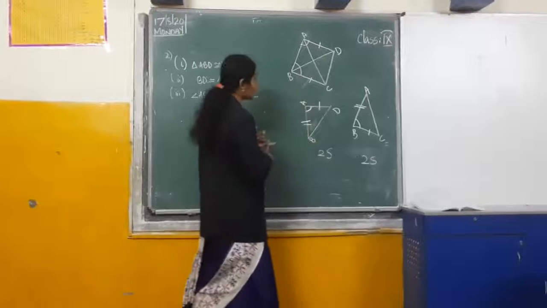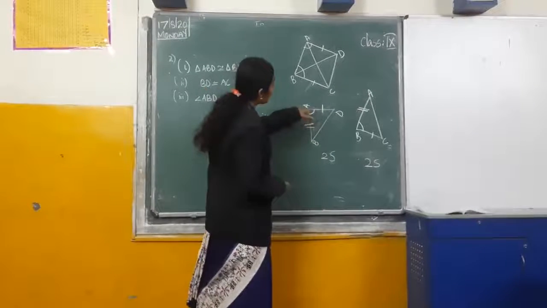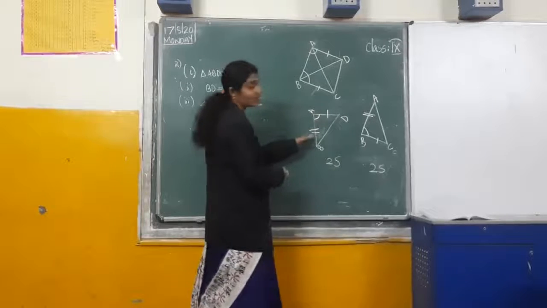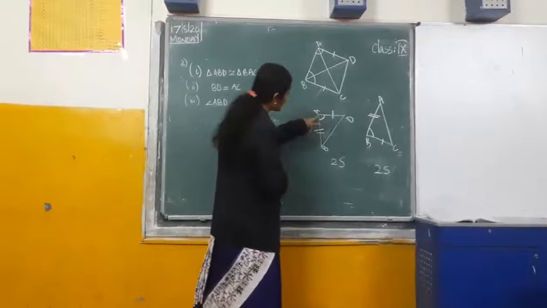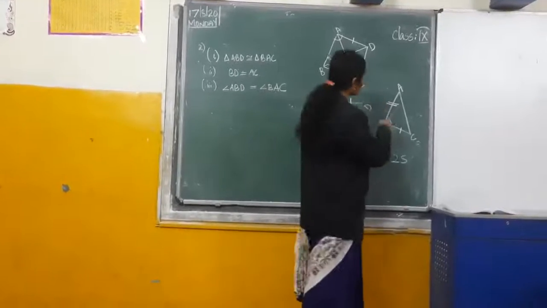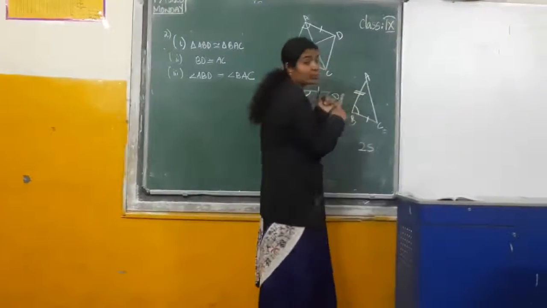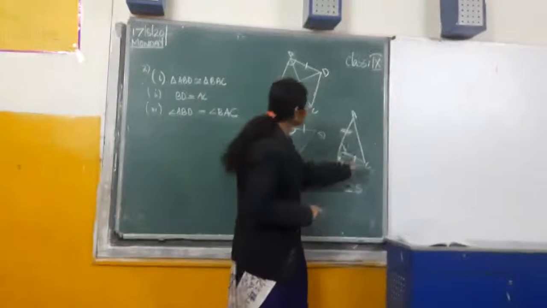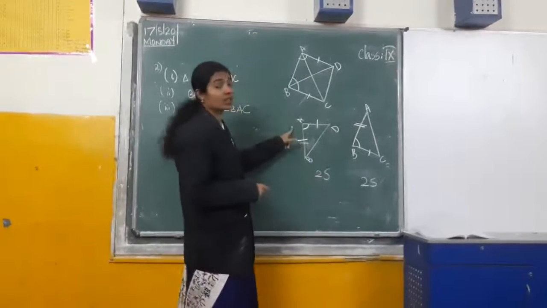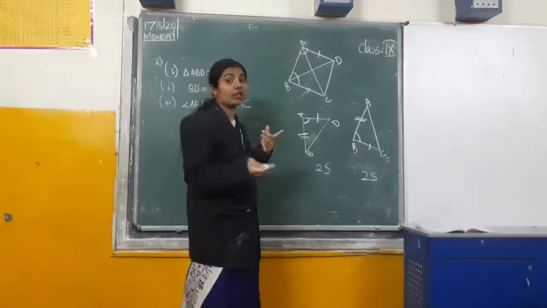Okay. Next you see angle A. This angle is included between these two sides. Isn't it? And here also you should see this angle B is included between these two sides. After that, what should you see? Whether the included angles are equal or not.